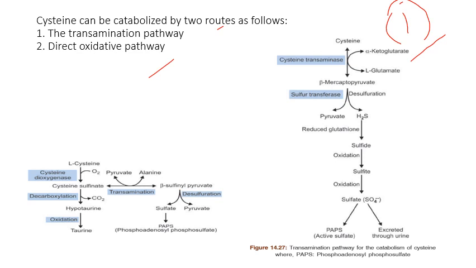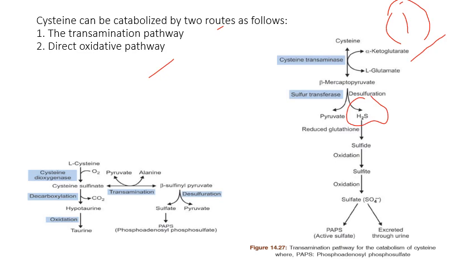This beta mercaptopyruvate then undergoes desulfuration by the enzyme sulfur transferase to form the keto acid pyruvate, and the sulfur is eliminated in the form of hydrogen sulfide.